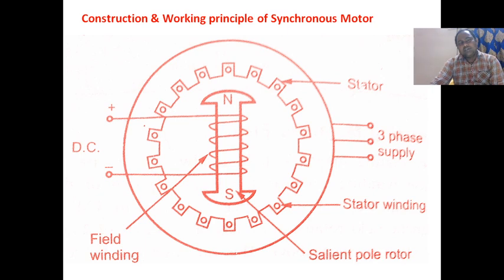This causes the rotor not to rotate in any direction. But if you rotate the rotor in one direction using another machine, the rotor continues rotating in that direction.